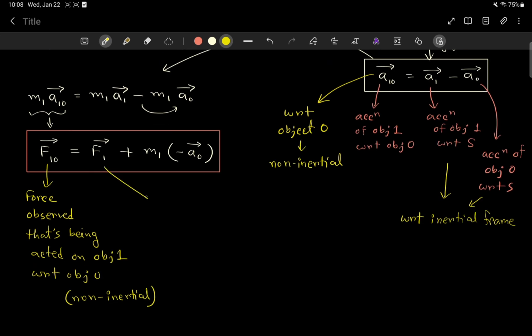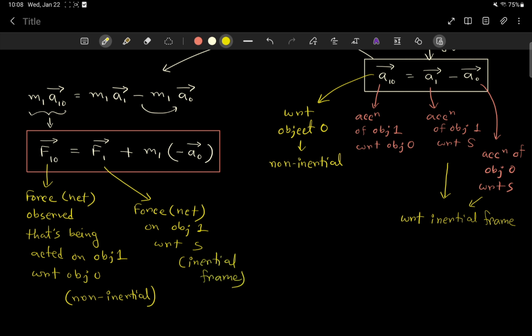This was the net force, of course, and this is also the net force on object 1, but with respect to an inertial frame, which is S.